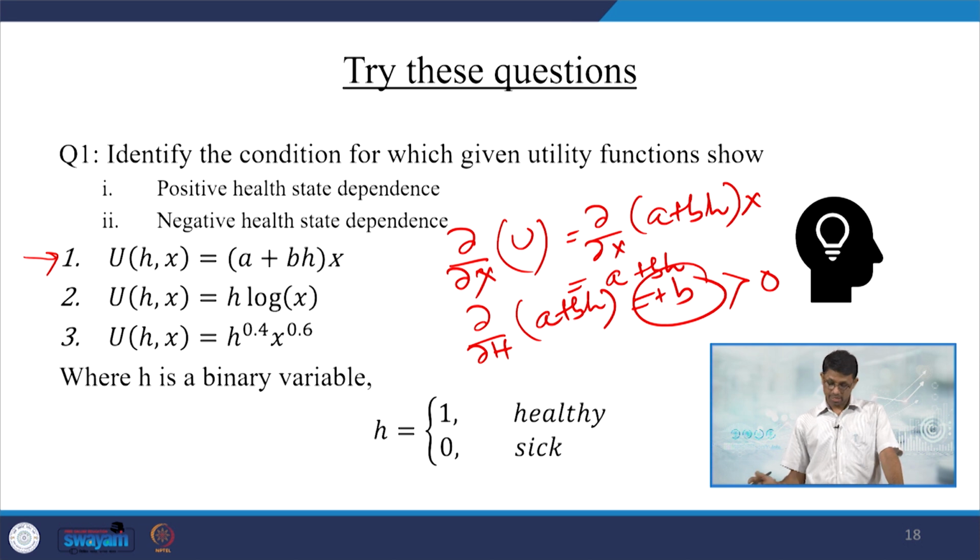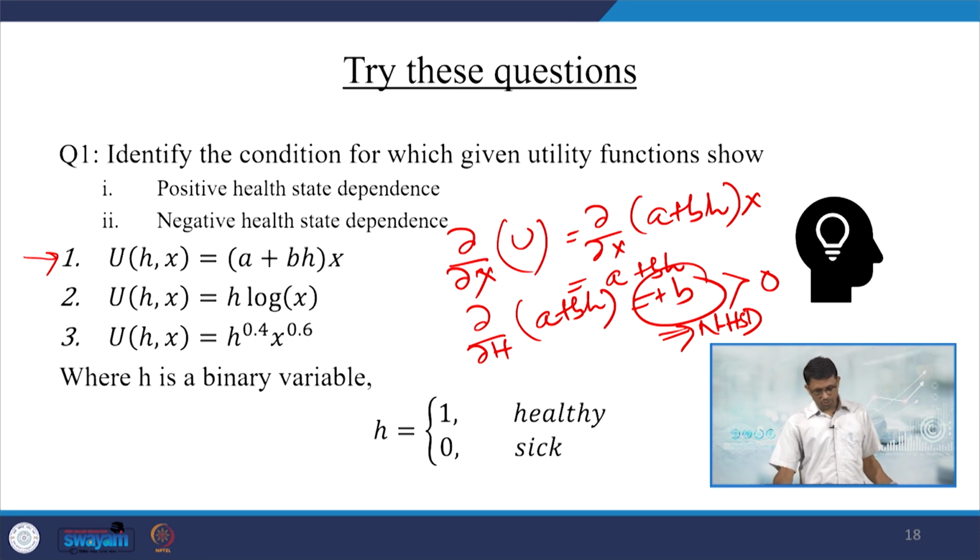You can easily guess. This is clearly explaining that this kind of model explains negative health state dependence, or HSD. All right, so negative health state dependence.